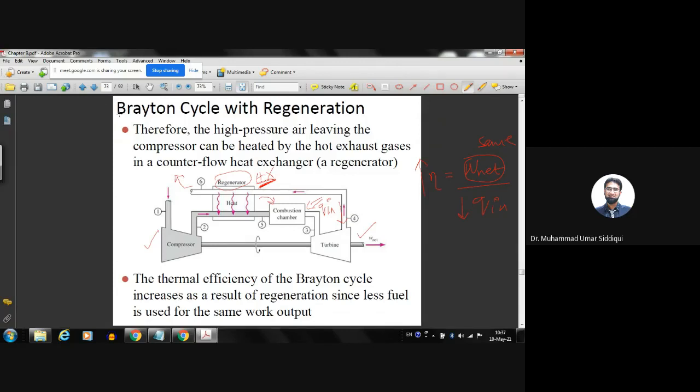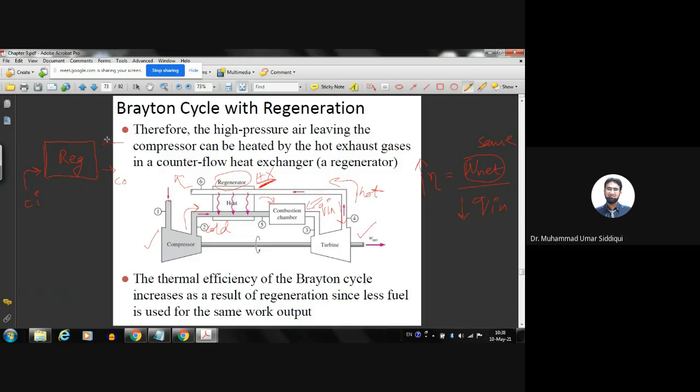First of all, you have to understand one thing. When we talk about the regenerator, let me draw it here. This is my regenerator. In the regenerator, we have two fluid streams. One is the cold stream, which is coming from the compressor. The other is the hot stream, which is coming from the turbine exhaust. So we have cold in, and this cold stream is going to get heat from the regeneration process, so we will have cold out at the exit.